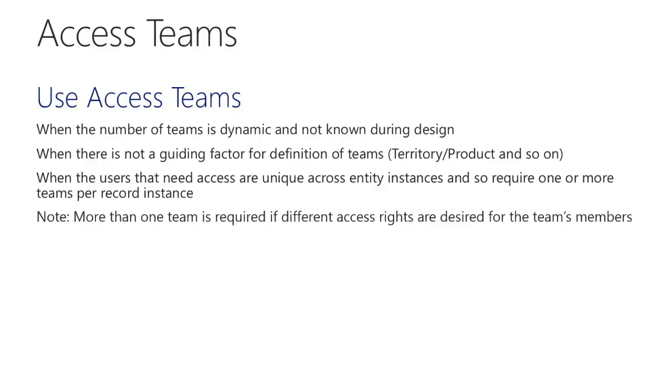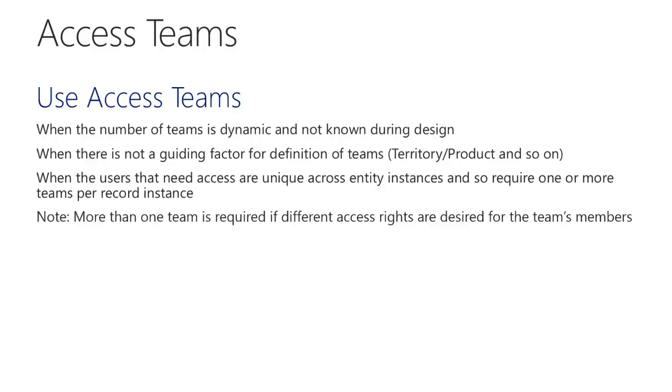So per entity, you can have at a maximum 2 auto-created access teams. And then also there is a maximum on the number of entities that you can enable for auto-created access teams. This is specified in the max entities enabled for auto-created access teams deployment setting, where the default is 5.